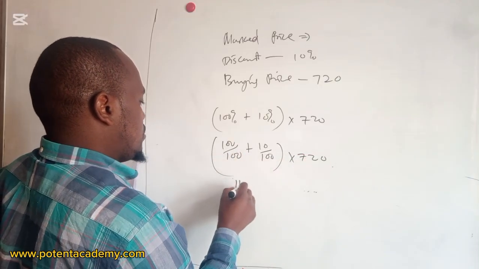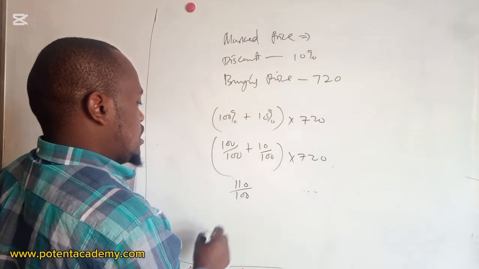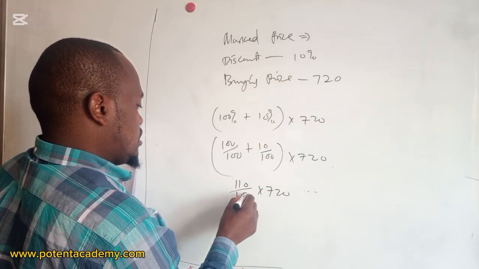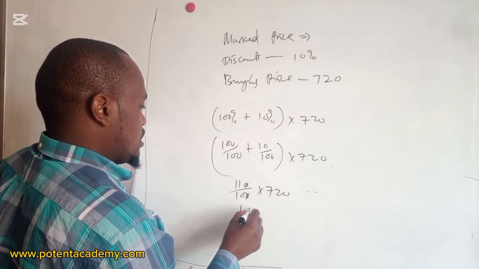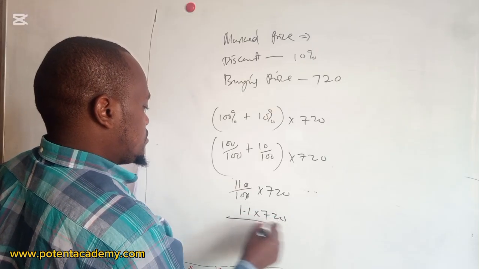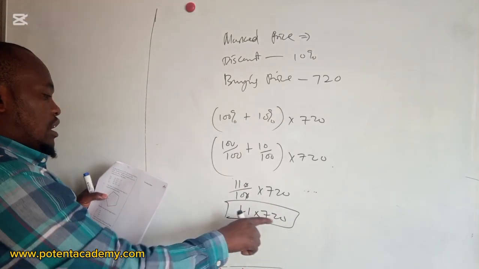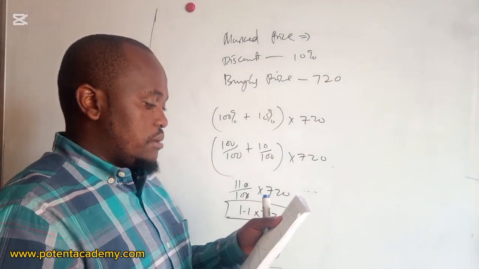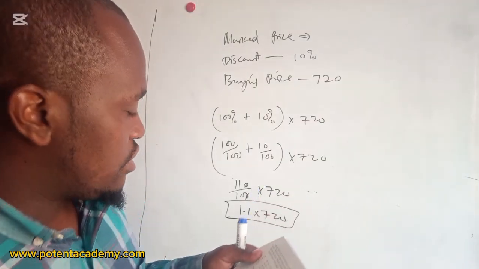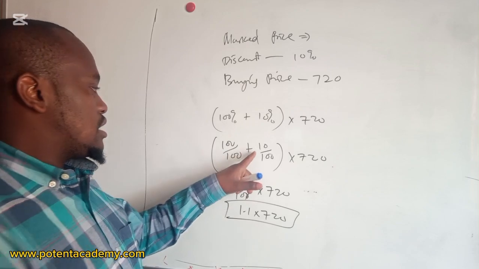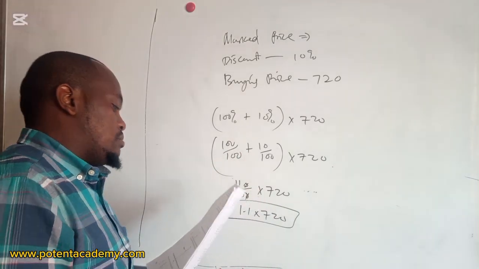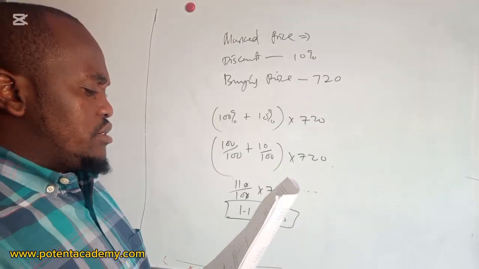This is 110 over 100 times 720, which means it is 1.1 times 720. This one will give you a higher price than 720. So the correct choice was B. A is wrong because they are saying you subtract. That's why they are getting 0.9. If you multiply, it will be lower. The other choices do not make sense.